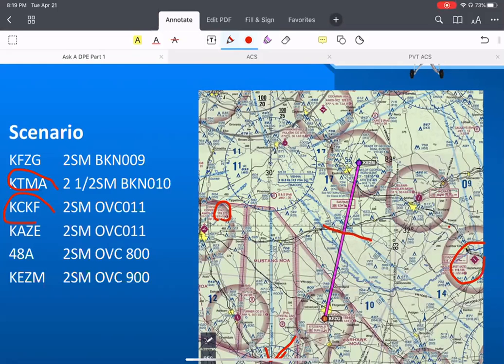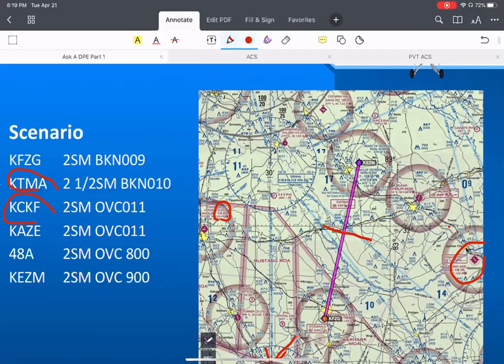Now, my other question, the follow-up question, and this is the one that usually causes the most headaches. So where I drew the red line, what is the maximum MSL altitude that I can be at along that route and still be VFR with the weather conditions given on the left?